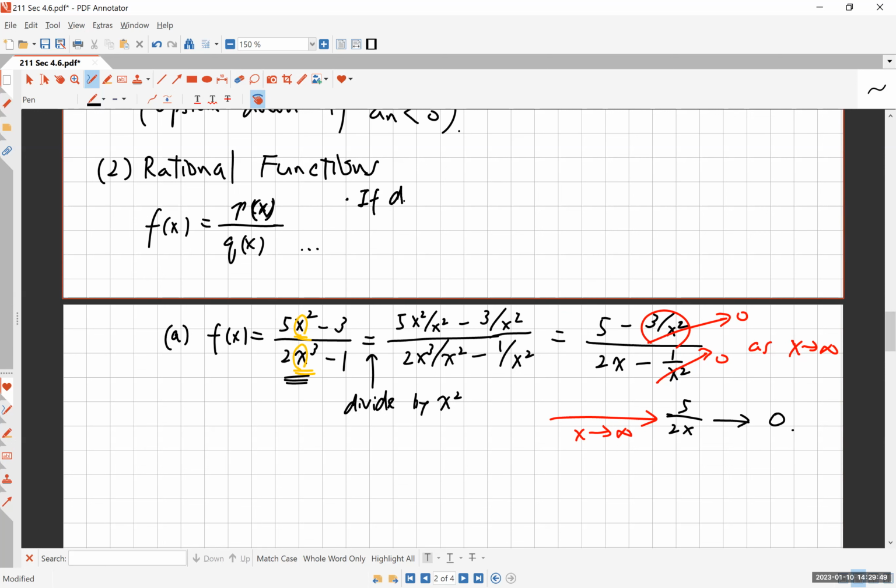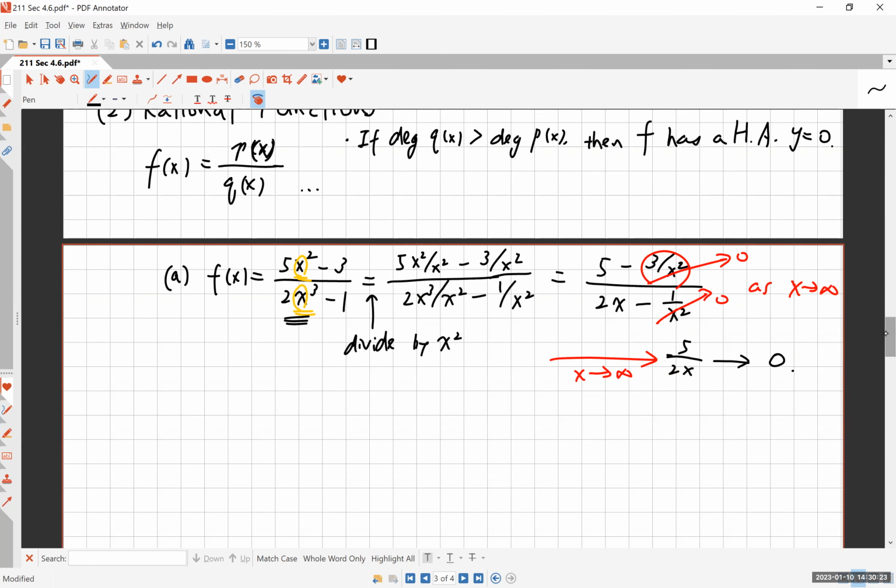If the degree of Q(x) is bigger than the degree of P(x), then f has a horizontal asymptote, y is equal to 0, because f of x approaches 0; the limit at infinity and negative infinity are both going to be 0. Okay, so that's the first thing.